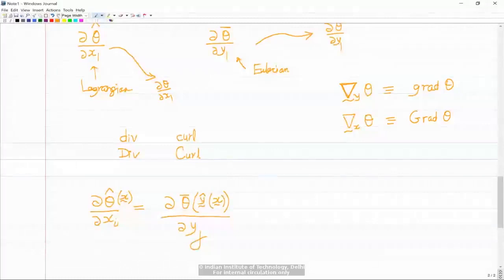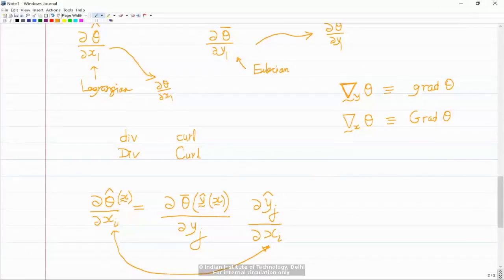Okay, and then of the Eulerian coordinate del yj hat with respect to the Lagrangian coordinate xi. So you see, whatever was supposed to be done here, it has come over here, and it's simple chain rule.